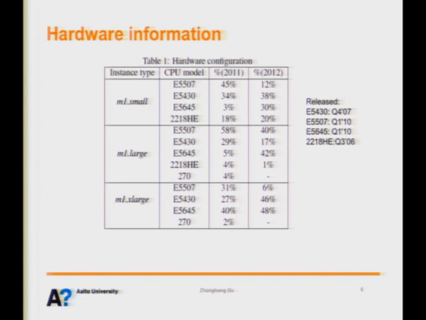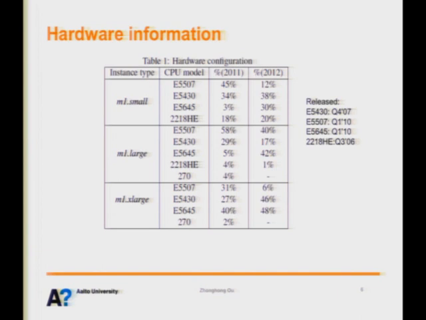As you can see from this table, even within the same instance type, for instance M1.small, it uses different hardware as well. For instance, 55/7 and 56/45, and they also use different architectures, for instance Intel Xeon and AMD.